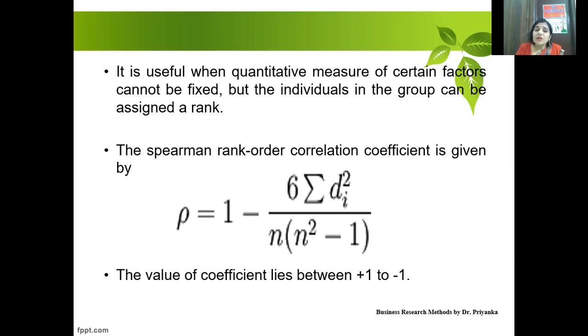And if the value is positive, that means variables are positively correlated to each other. And if the value is negative, that means the variables are negatively correlated to each other. As per the value, we will check how much they are related, how much they are associated, and with the plus and minus sign we will check whether they are positively or negatively correlated.